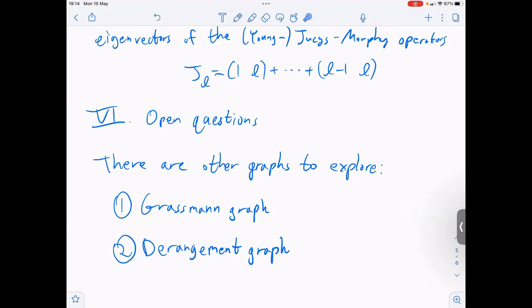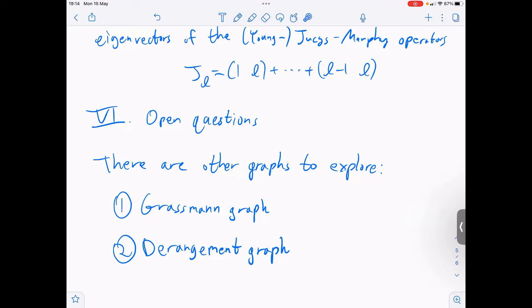And the other graph is the derangement graph, which is the graph from the symmetric group, where you connect two permutations if they disagree on all the images. Okay, so I'm not writing it because these graphs are somewhat familiar. And so for each of these graphs, we know the eigenspaces. In this case, from, let's say, the theory of the Grassmann association scheme.